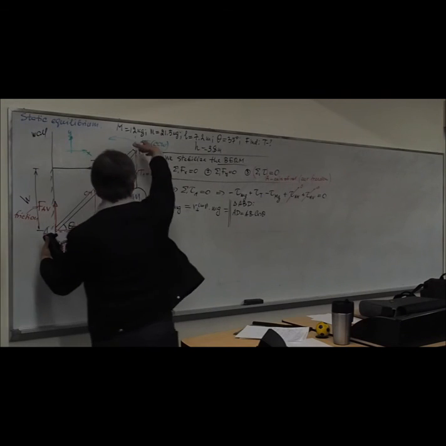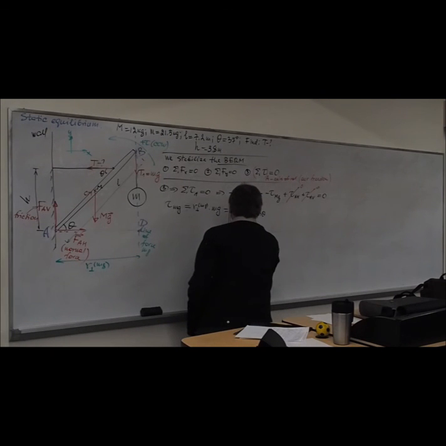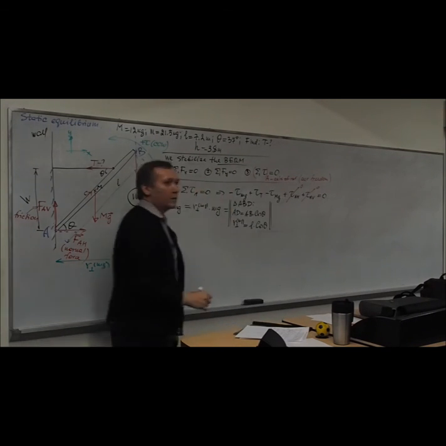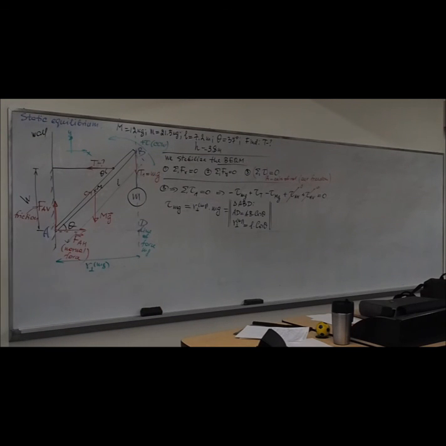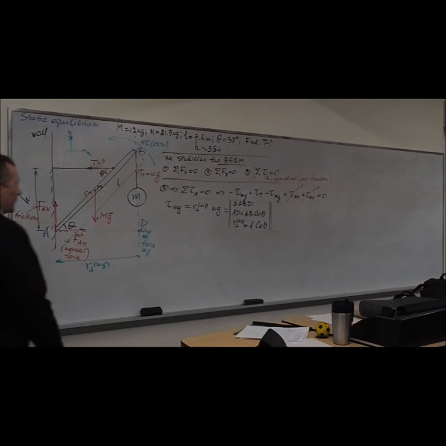So AD is our length of the rod. This is R perpendicular for mg. So it is equal L times cosine of theta. Is it clear? Just simple properties of a right triangle.